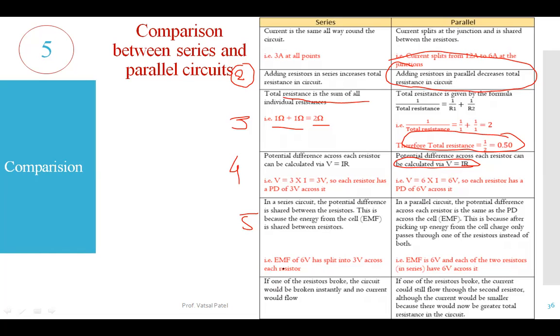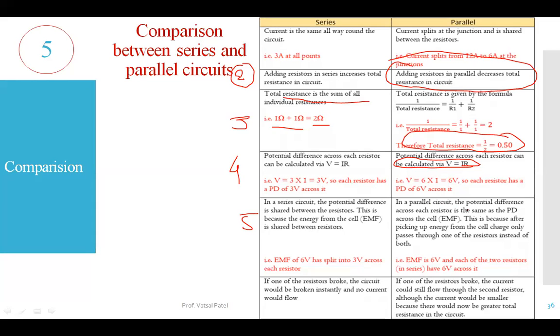It is like having two resistances in series, with the voltage divided across each resistance value. And for the parallel one, as we discussed in our practical example, the potential difference across each resistance will be the same, and the same as the potential difference given from the source.